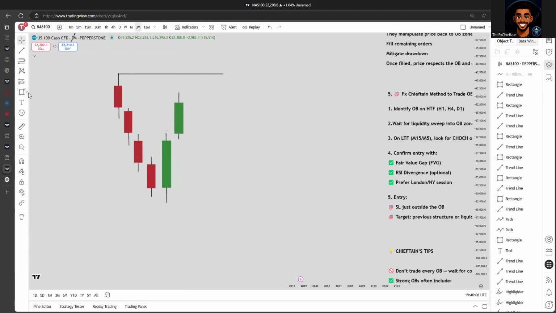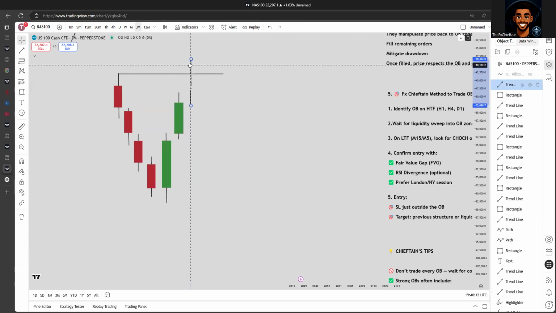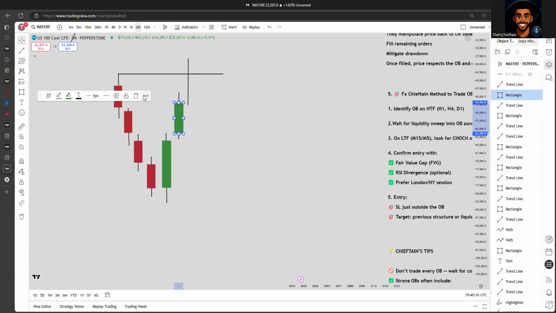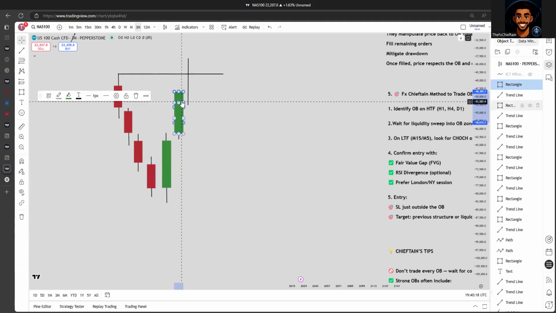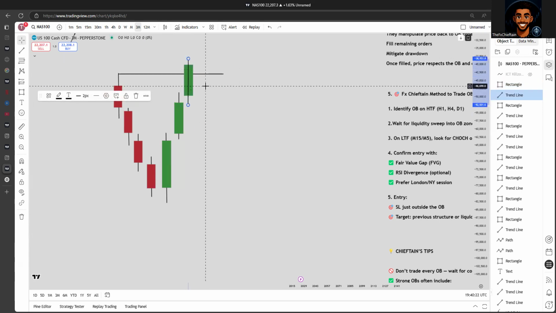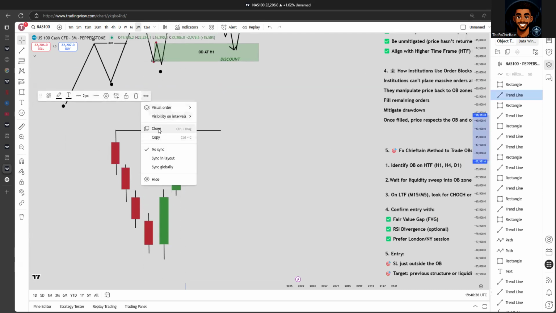Then we have another candle that comes in, and we have another body. And now we have a clear break of structure, right? You can see how we're printing this guy.